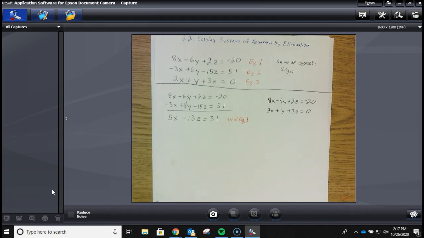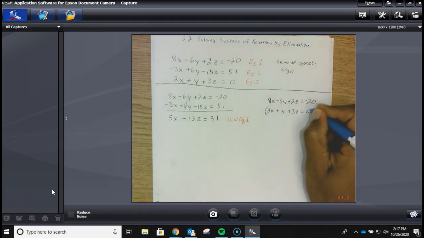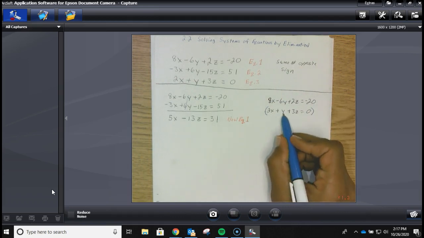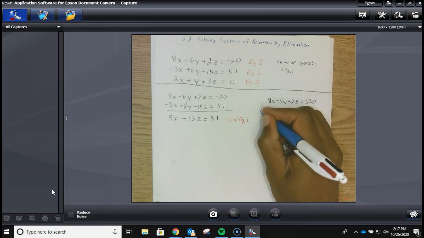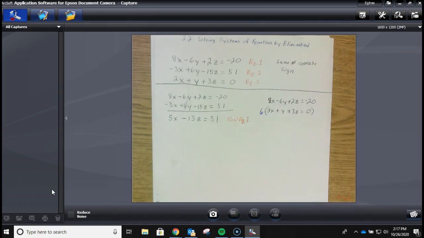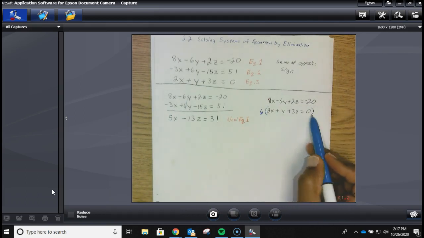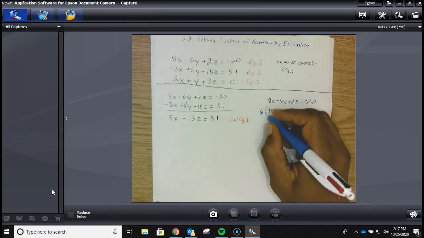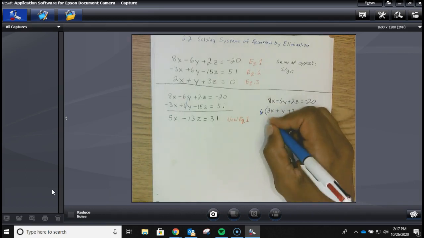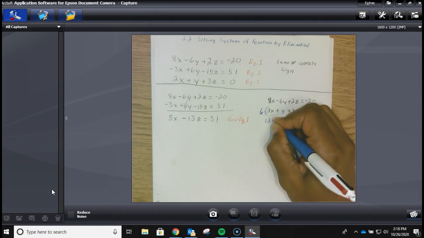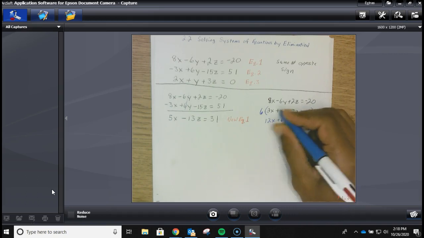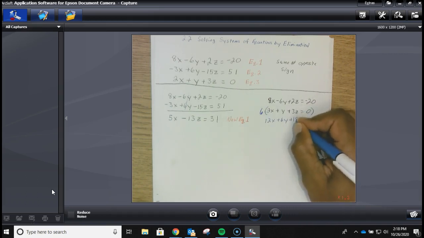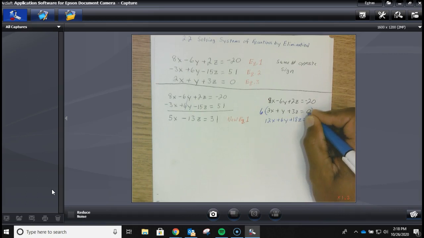I have to multiply this entire equation by 6. If I multiply this entire equation, you can multiply both top and bottom, it doesn't matter. But in this case, all I have to do is multiply the bottom equation by 6. So my new equation, I'm going to distribute this 6, will be 12x plus 6y plus 6 times 3, 18z equals 6 times 0.